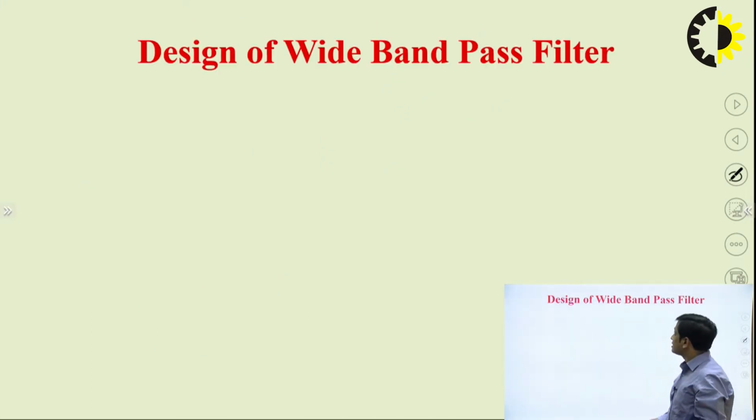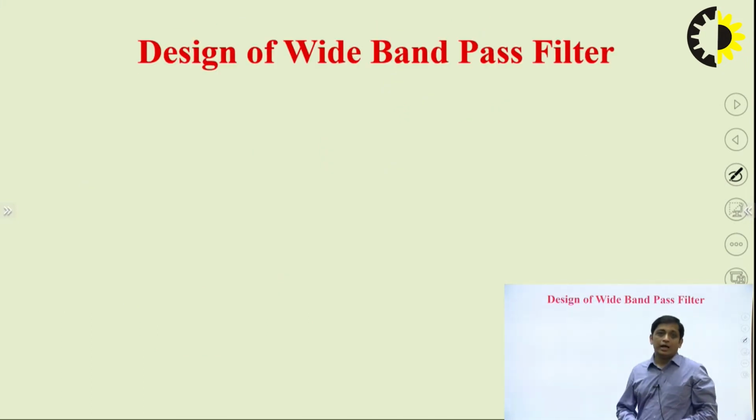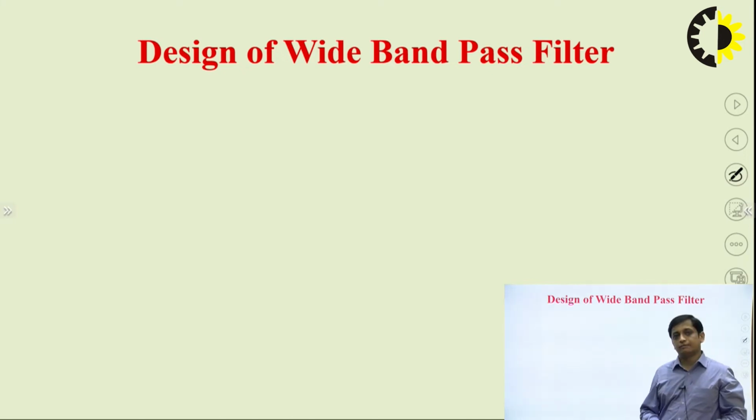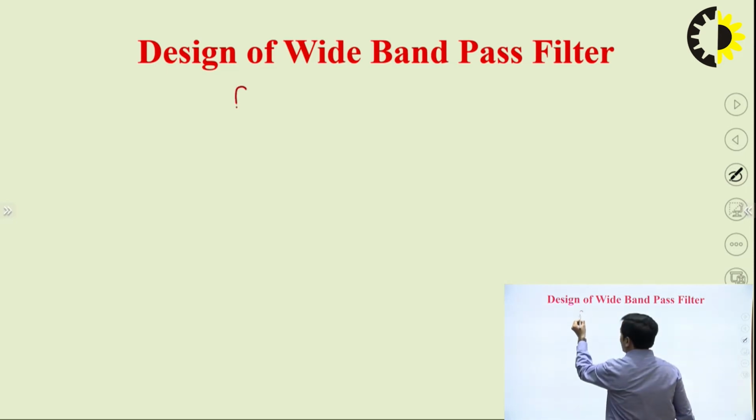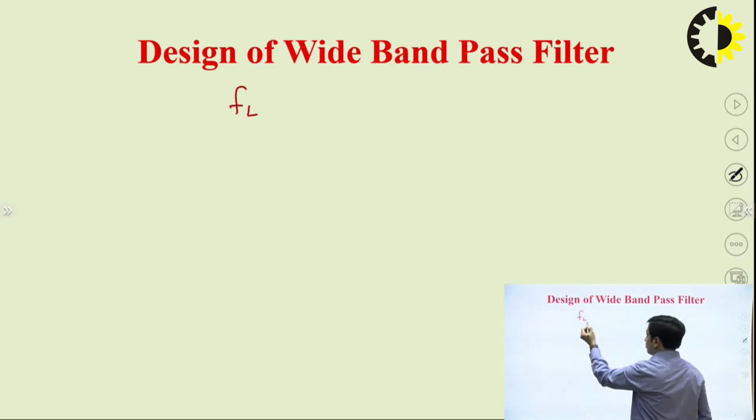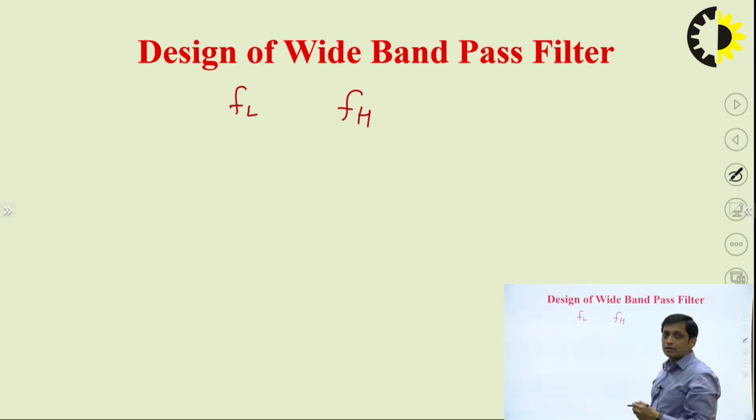Now coming to the design of wide band pass filter. As far as design is concerned, we design a filter for a particular cutoff frequency, and in wide band pass filter there are two cutoff frequencies. One is FL, that is lower cutoff frequency, and another one is FH, that is upper cutoff frequency, or we can say FL is lower minus 3 dB frequency and FH is upper minus 3 dB frequency.